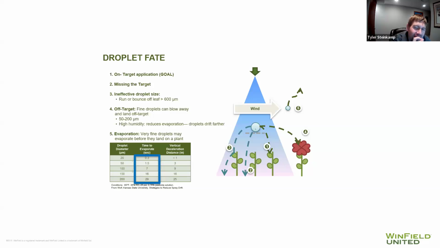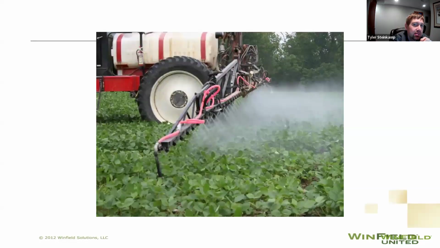And so if it's evaporating, we already discussed last week that once a droplet dries on the leaf, no more uptake occurs. Well, if it evaporates before it even hits the target, I'm not going to get very good herbicide control. Okay, so if you're seeing stuff like this out of the back of your sprayer, a lot of farmers assume, oh, God, I'm getting great coverage.